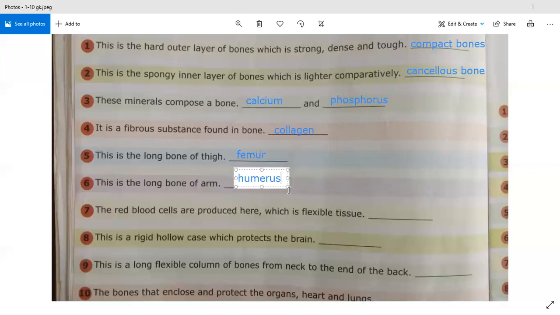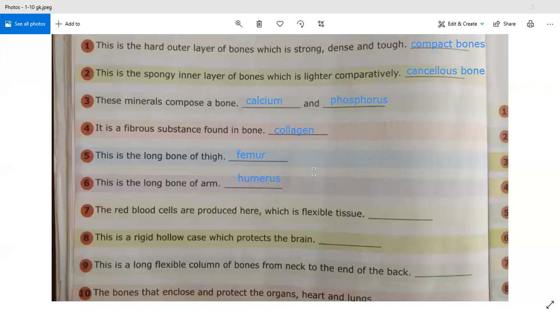Okay. Now in 7th fill-up, you have to make a guess because a help box is given to you. You have to find out what that place is called where red blood cells are produced, and this is also a flexible tissue.